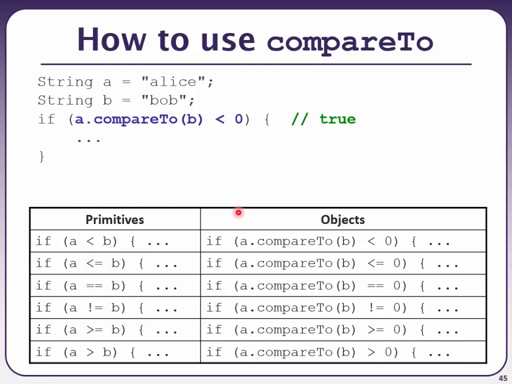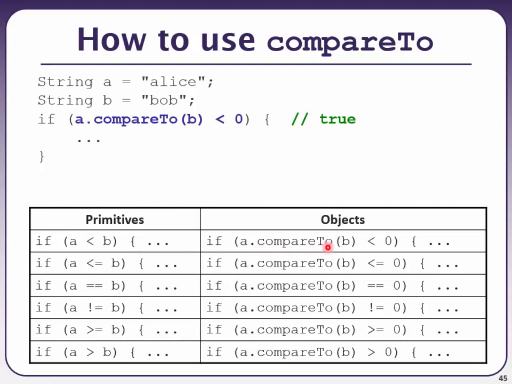To fix things, let's say that A and B are, like in our example, two variables that hold references to objects of class string, and A and B in this column here are, for example, int. If A and B were two int primitives, you would write A lesser than B to test that A comes first. The way that you write it between two strings is A compared to B, and you can see that the lesser than sign here is oriented the same way. So that makes it easy to remember what you are testing, okay?